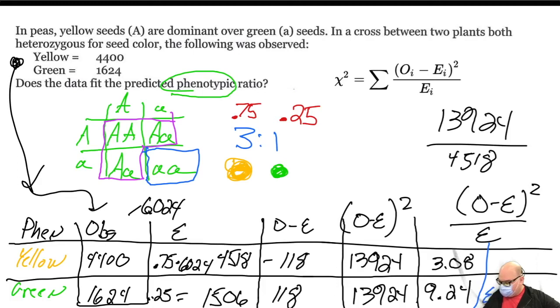My chi-square is going to be 12.32. So that is my chi-square value. We're going to look at how that fits into a critical value table. We're going to talk about how many degrees of freedom we have. But for right now, we have computed the chi-square value for this data. Let's take a look at how we interpret it next.